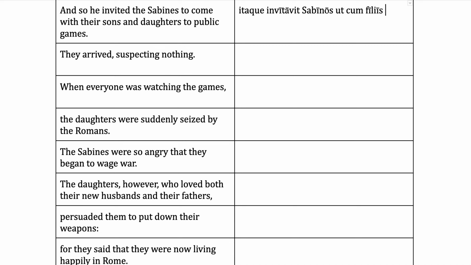And then when we say and daughters, we say et. And then, now this is a slightly unusual word because the word for a daughter is filia. And the Romans, grammatically, the ablative plural should be filiis, but the problem is that that's the same as the ablative plural of filius.